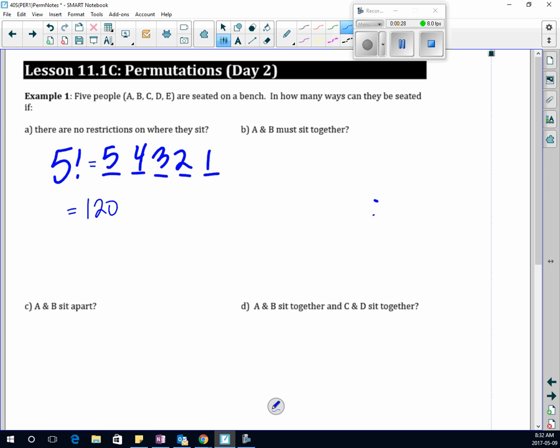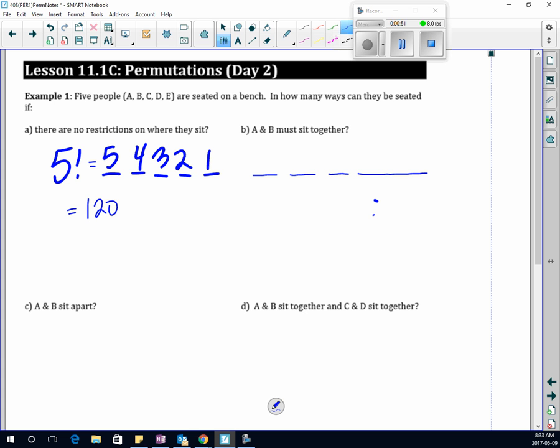Okay, so now I have to have A and B sitting together. So we have to pretend A and B are on a big chair. 1, 2, 3. There's the big chair for A and B. Now picture this.